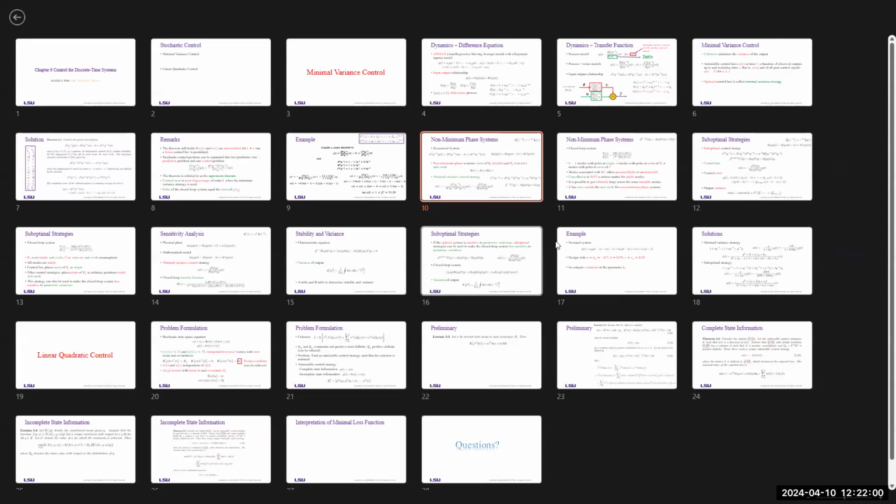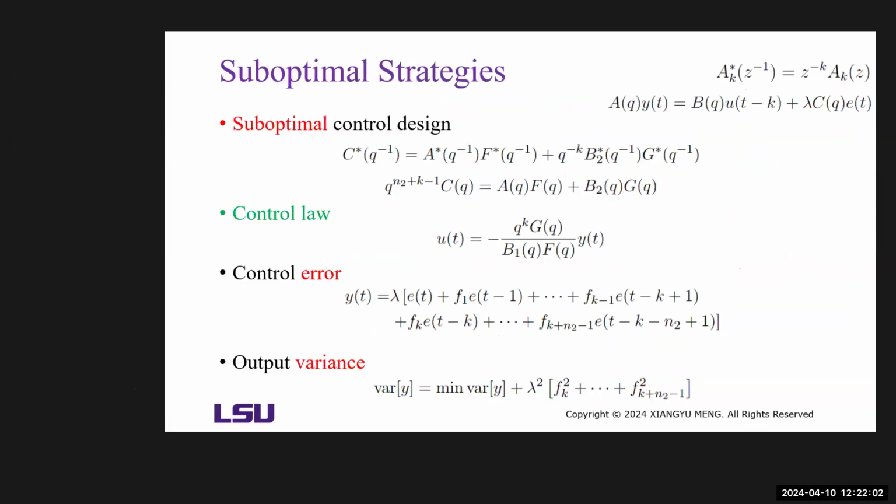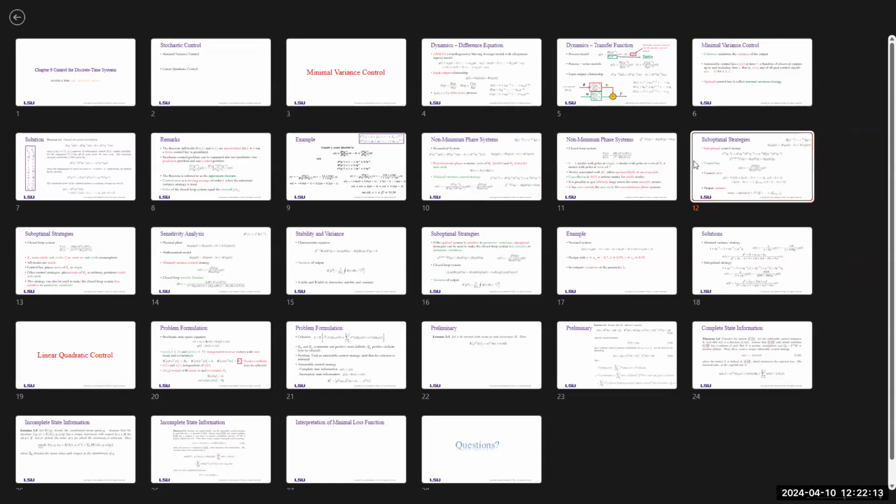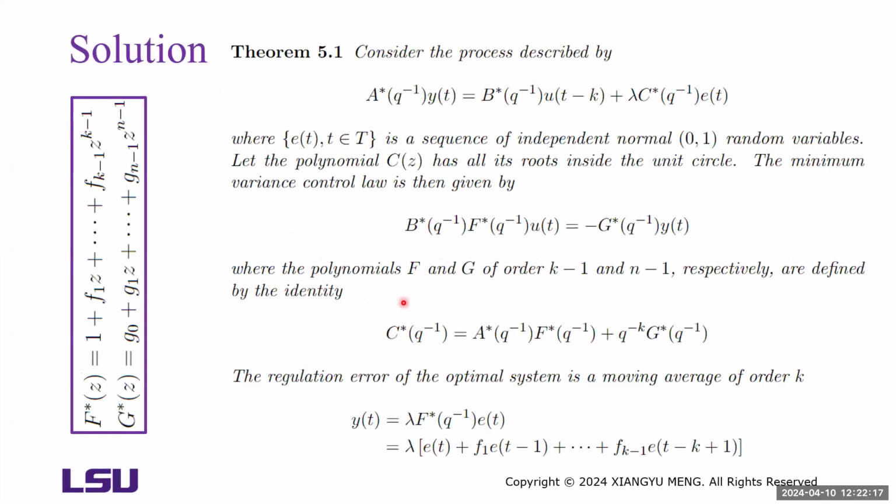So here we put the polynomial B2 in this identity to design the controller. It's not the same, okay? It is similar to the identity we had earlier to design the minimum variance control. The only difference is we put the polynomial B2 here.